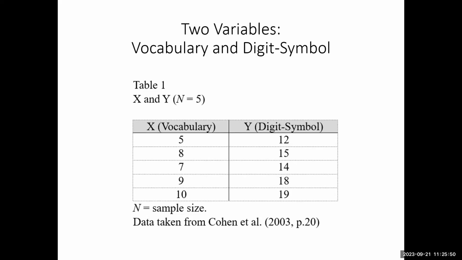Okay, so we see we've got our column headings there. And then in the body of the table, we've got 5 scores on a vocab subtest, 5 scores on a digit symbol subtest. And we're going to assume these are some neuropsychological measure that kids have been assessed on. Because we've got 5 observations in the table for each of the variables, our sample size, or n, equals 5.